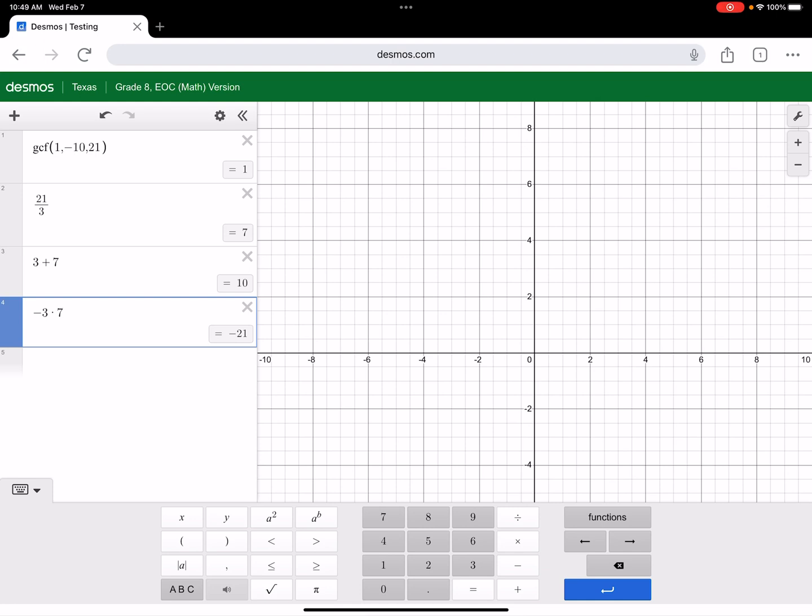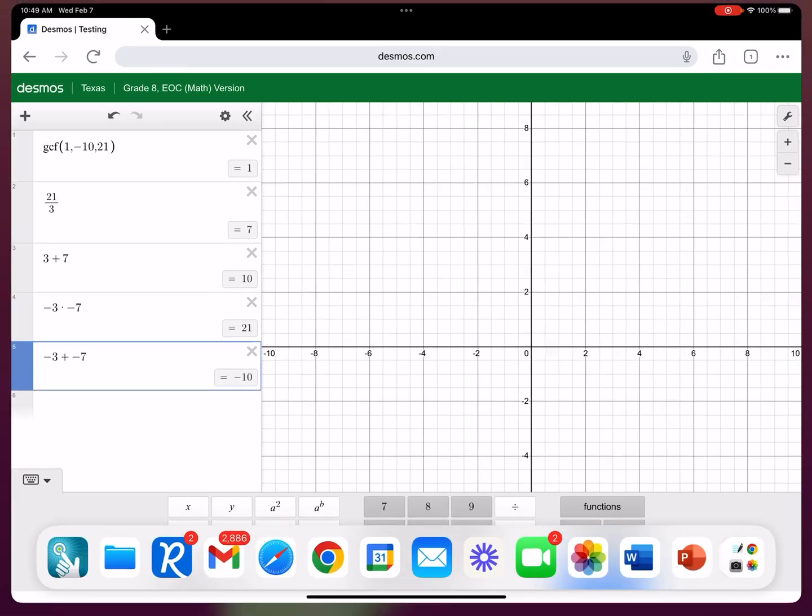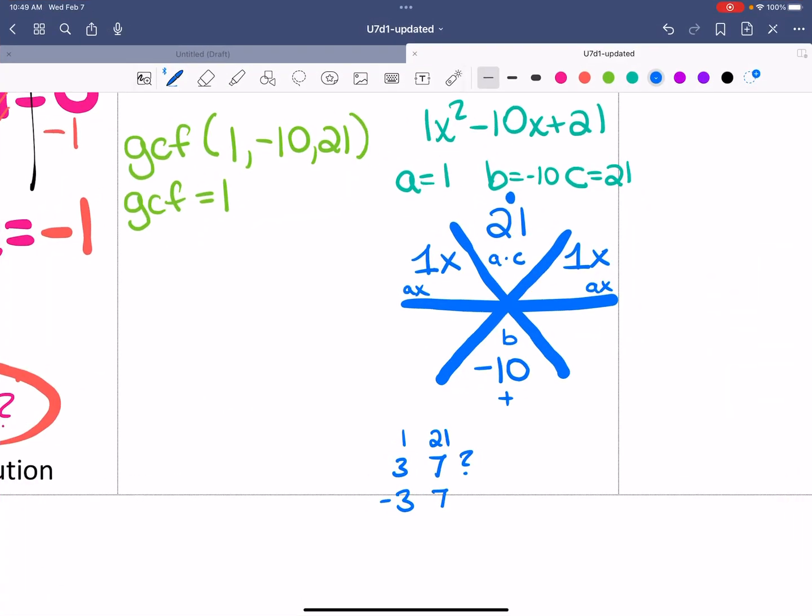The only way to keep a positive number is to have double positives, which we started with, 3 and 7, or make the change to double negatives. The two negatives will keep it a positive 21, and now negative 3 plus negative 7 is a negative 10 like we wanted. So we need double negatives on this one. So negative 3 and negative 7.